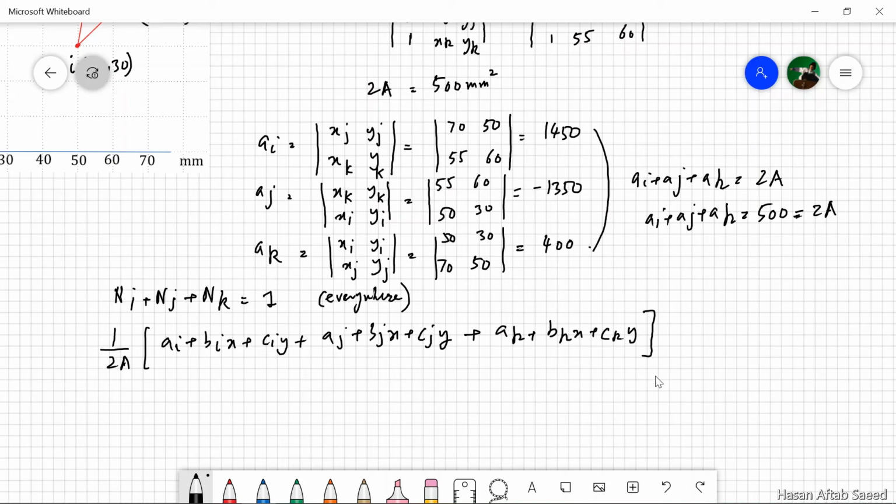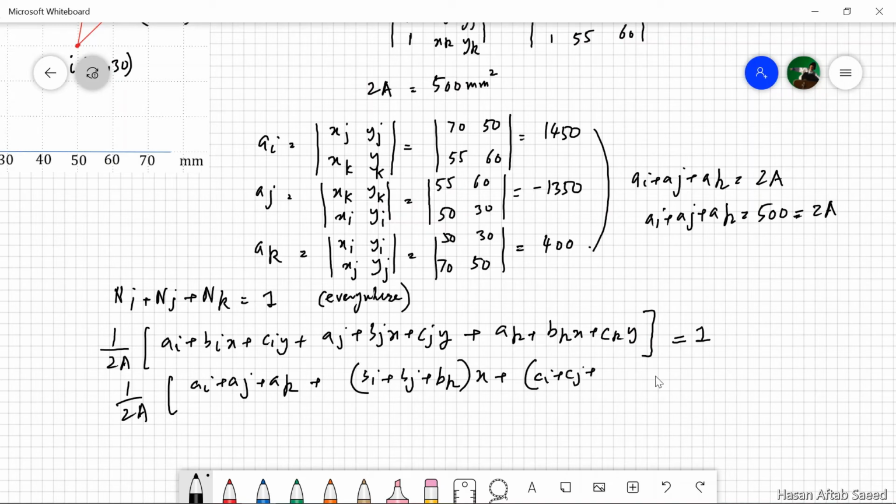These are the 3 shape functions. Now this should be equal to 1. Now we can rewrite it like this: AI plus AJ plus AK plus BI plus BJ plus BK times X plus CI plus CJ plus CK times Y.